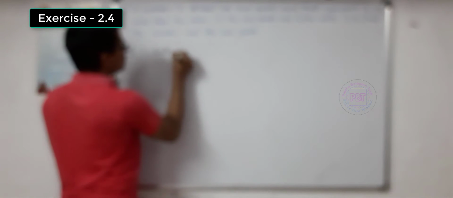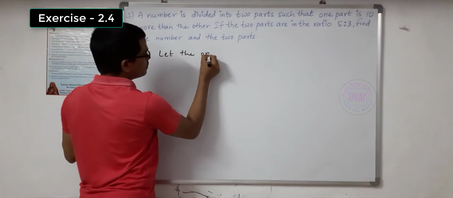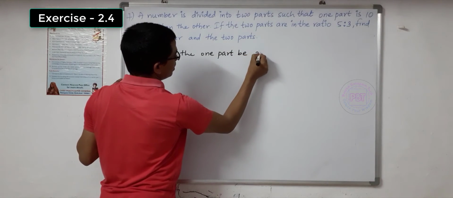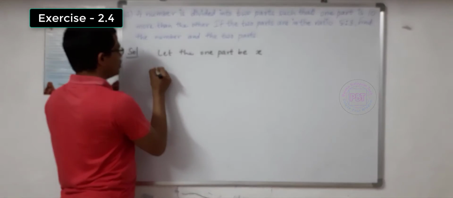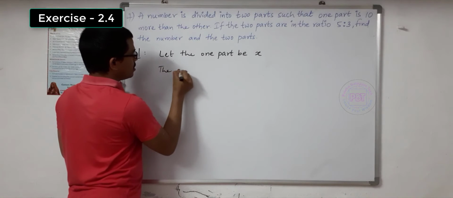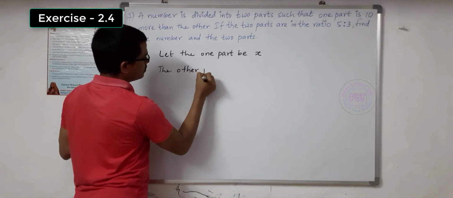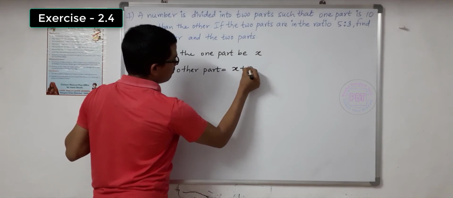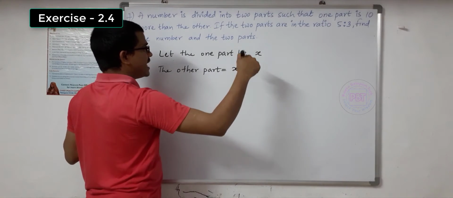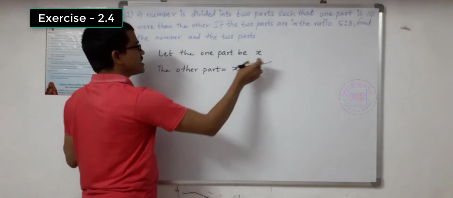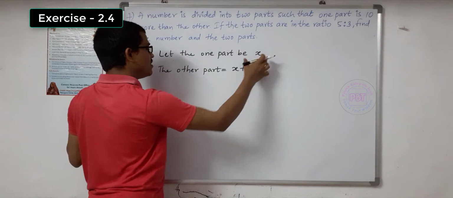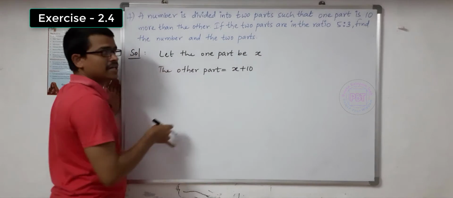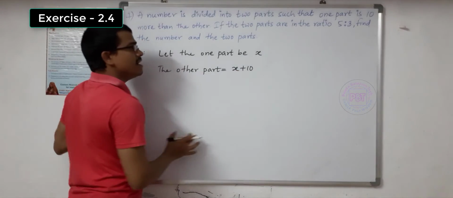Let the one part be x, then the other part equal to x plus 10. Why? Because one part is 10 more than the other part. So first I am taking the first part as x, then the second part becomes x plus 10, because it is 10 more than the first part, isn't it? So that x plus 10 I am taking.